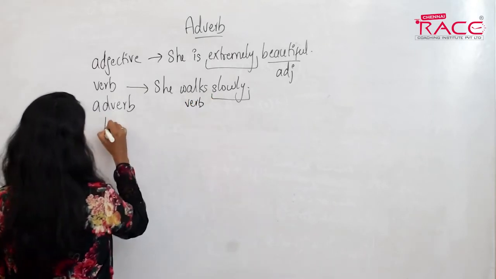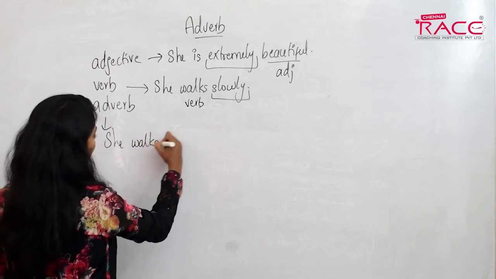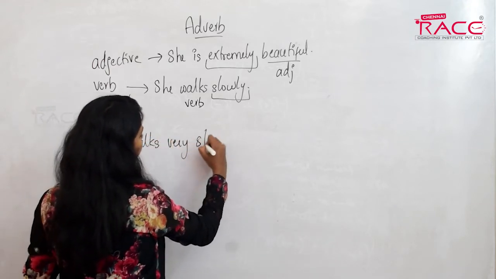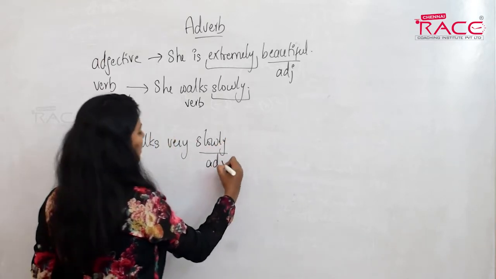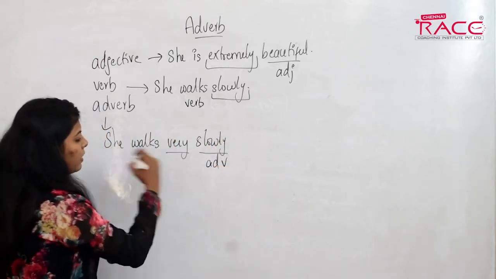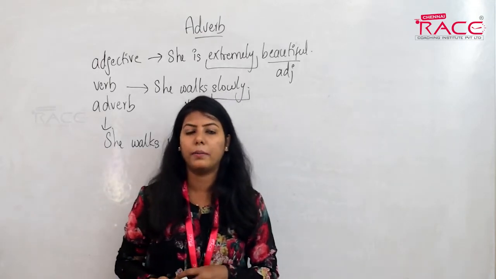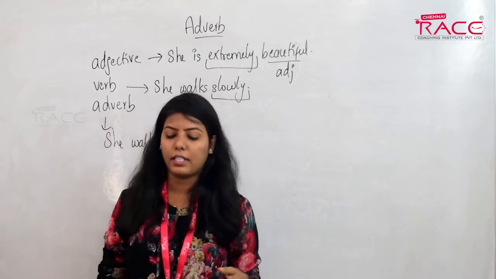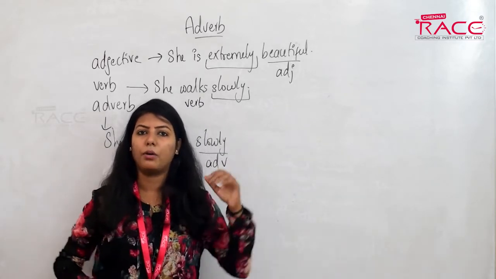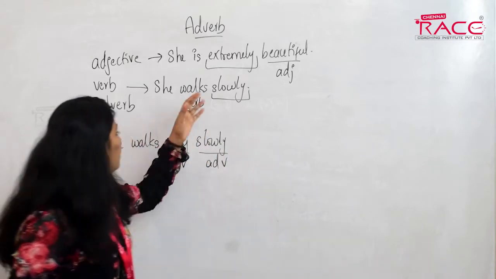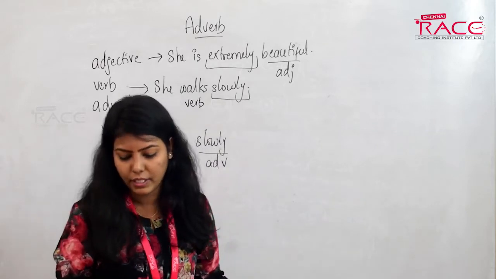And when I say she walks very slowly, this is also an adverb and this one is also an adverb. So adverb defines adverb here. So what does adverb do? Adverb defines or modifies or gives extra information about adjective, verb, and adverb. Okay, so these are the major concepts.